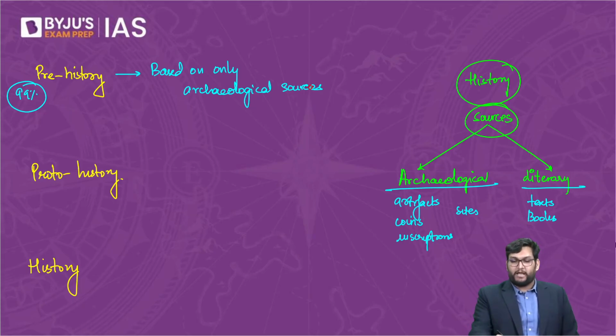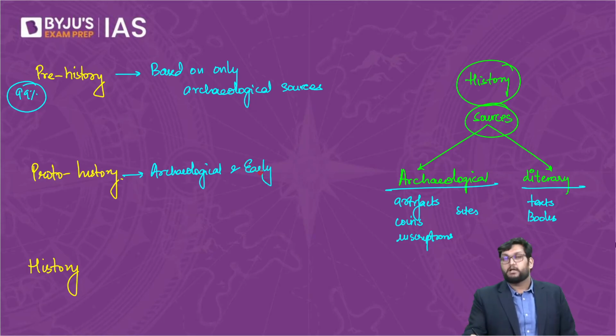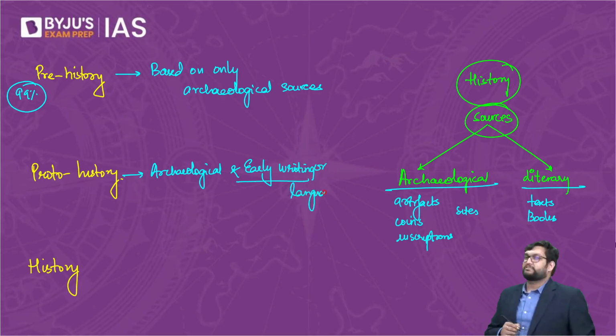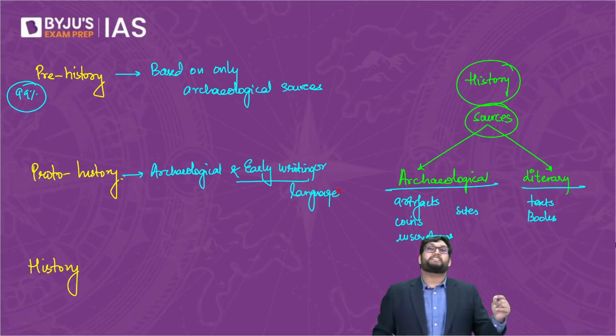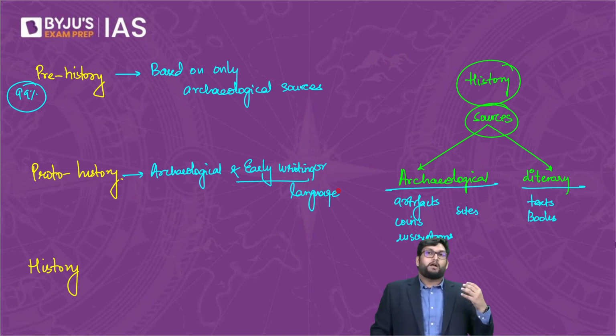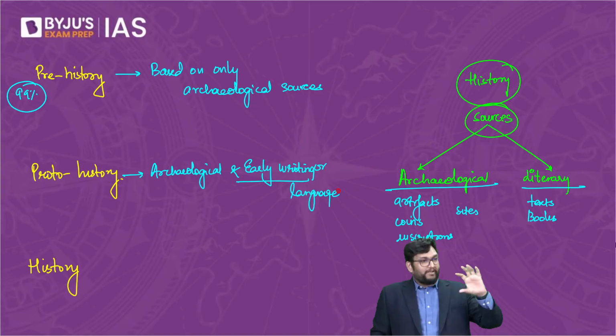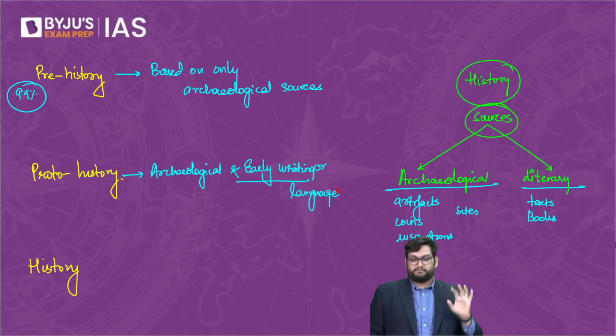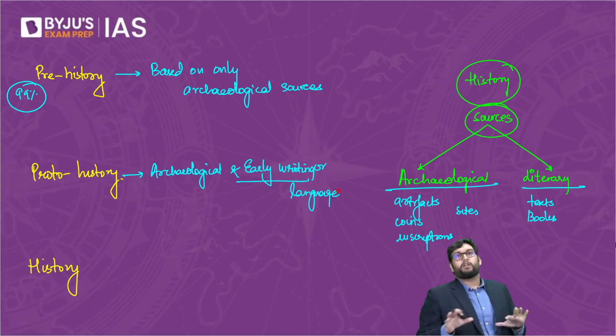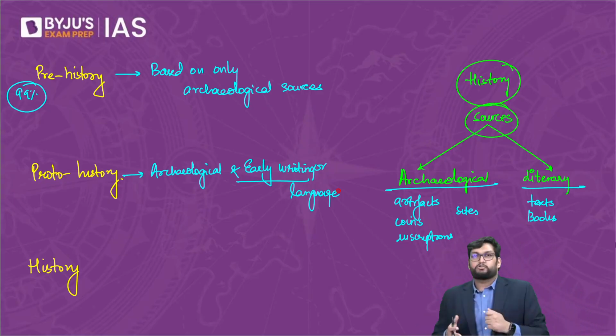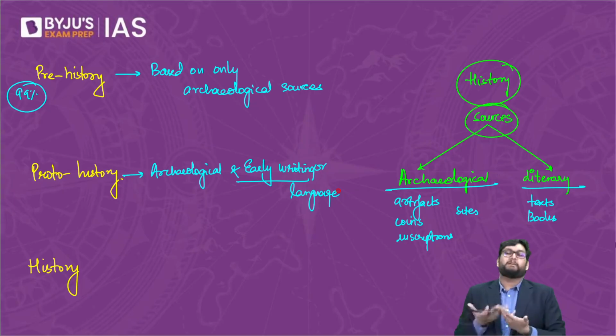That period in which you have archaeological sources and early writing or language is called proto-history. A very good example of this is the Indus Valley Civilization. Harappan civilization, as you would know, we have signs also, but we don't know what they mean. The Harappan script or language has not been deciphered. So that goes into proto-history because there is writing, but we don't know what it meant.